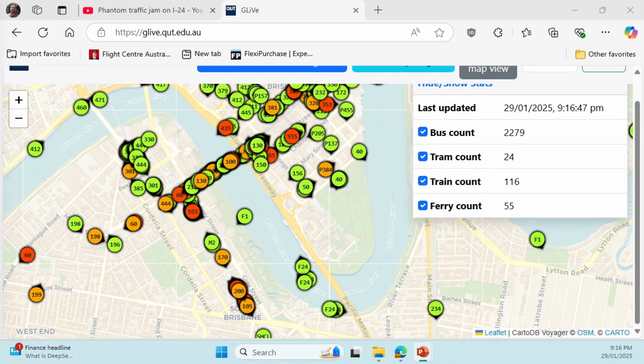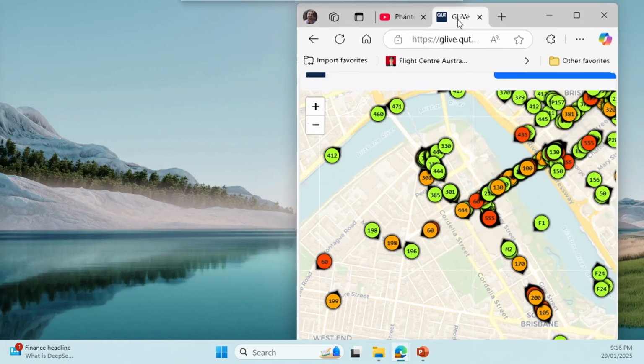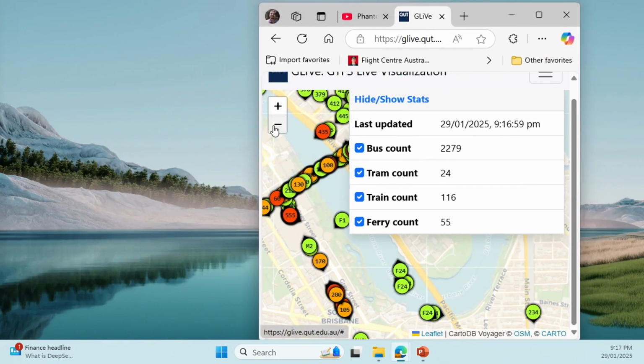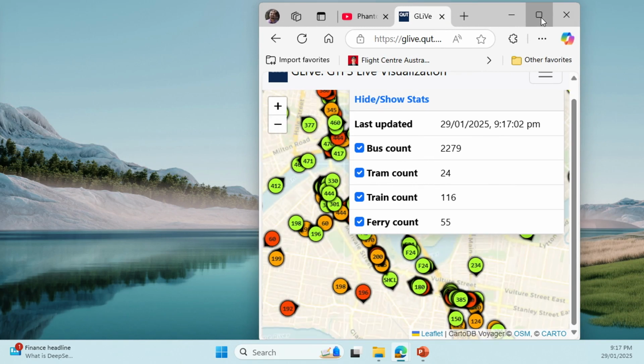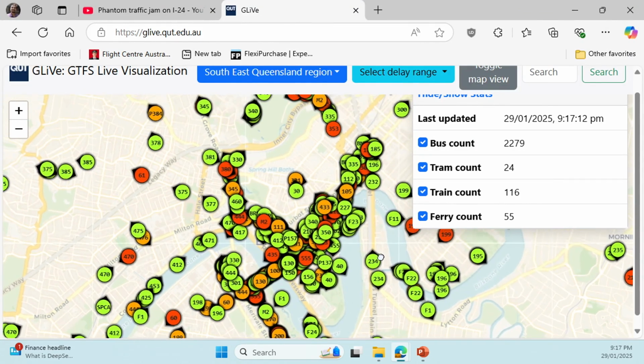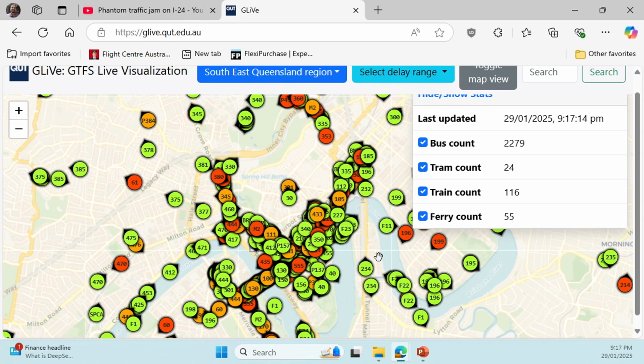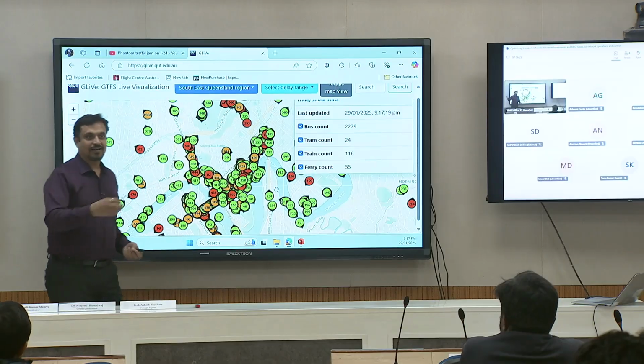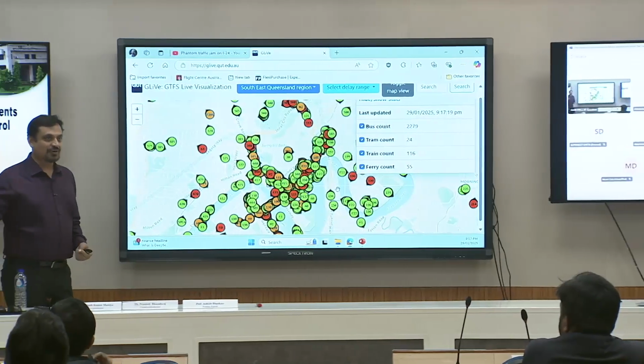But the one that you see here is quite different. In Brisbane, or in Queensland, all the public transport vehicles are equipped with GPS, and you are getting the data almost every 10 to 20 seconds.